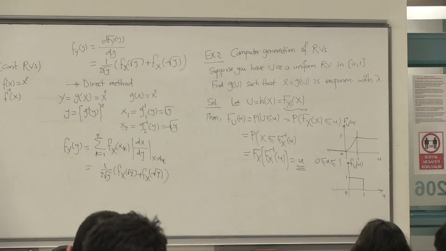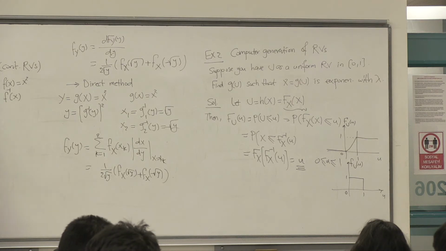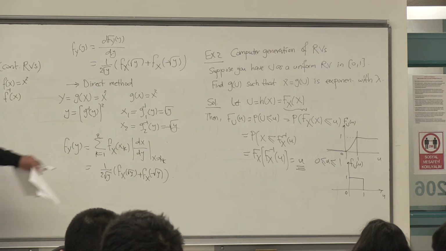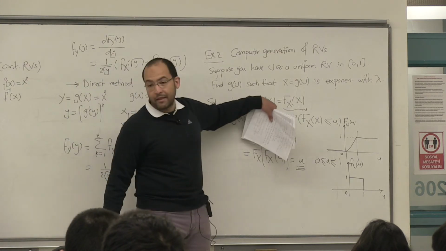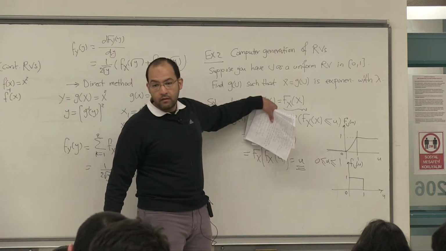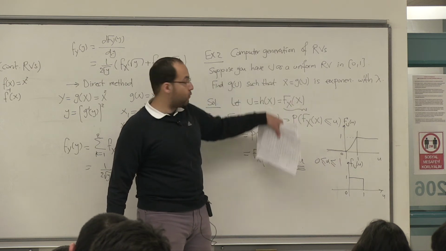Question for you. Did we make any assumption of any type about the random variable X other than X being a continuous random variable? Did we make any assumption about capital X, just from what you see on the board?